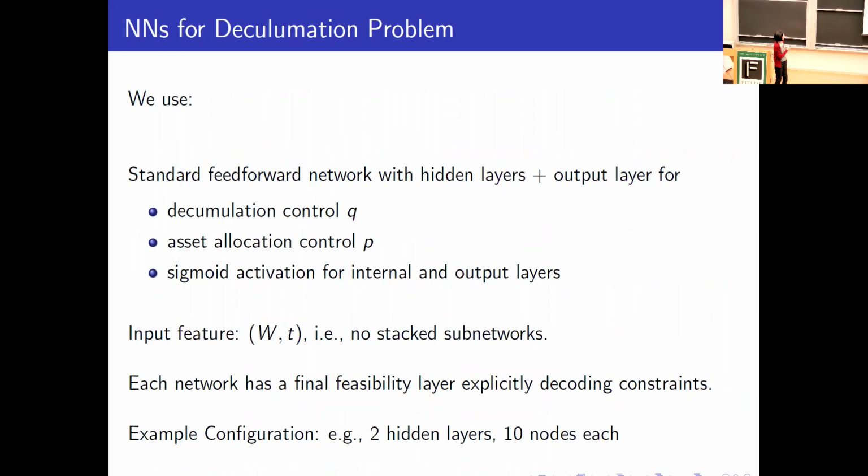So that's the problem I'm going to solve. It looks nasty and complicated, right? But we're going to just use the approach we propose. We will use a neural network to represent the decumulation control and allocation control, and I'm going to use a sigmoid activation function for the output layer. Sorry, not the output layer.